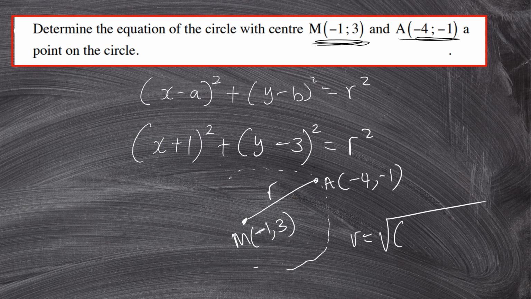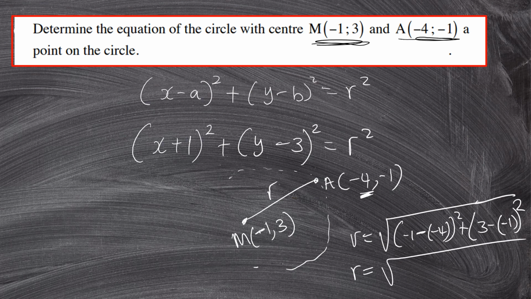R is equal to the root of x at M, which is -1, minus x at A, which is -4. Be very careful, the minus is of the formula, but our A is -4 also. So we square that distance. Y at M is 3 minus y at A, which is -1. Be very careful with the negative there, because a lot of learners tend to make mistakes.